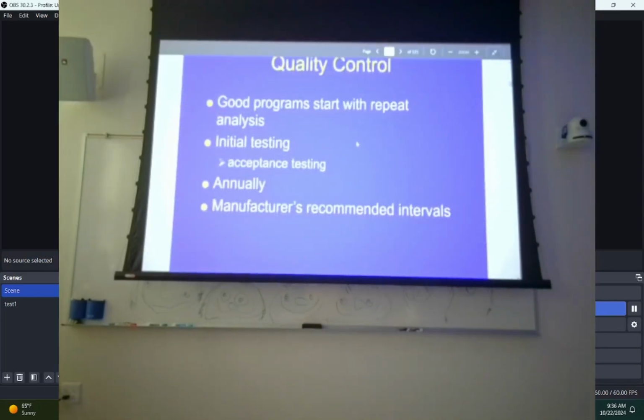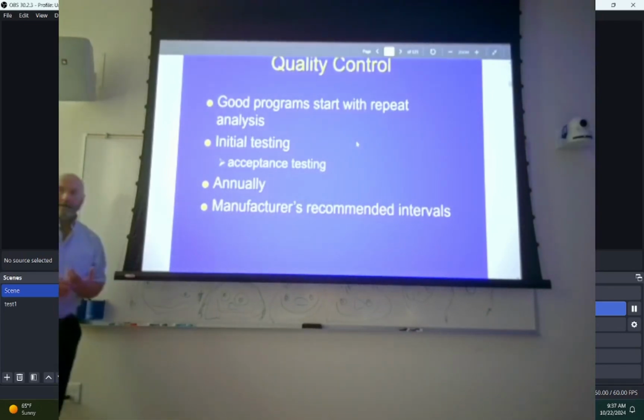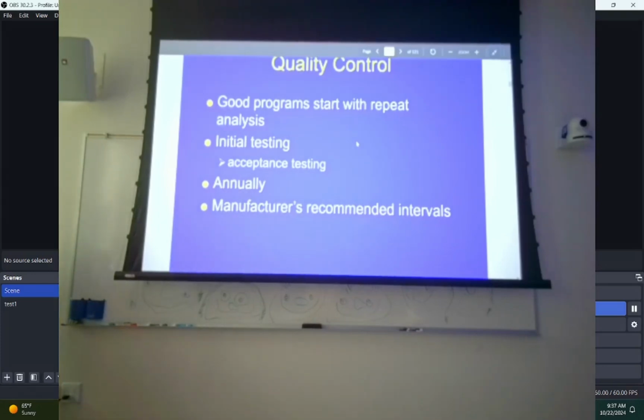All right, so good programs inside of the hospital start with repeat analysis. What's going on that's causing the most repeats? Is our biggest issue maybe our index number is off? Maybe not even leading to repeats, but is our index number consistently off? What caused that?